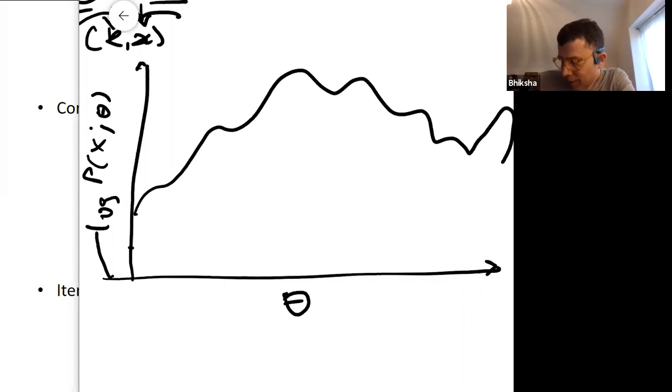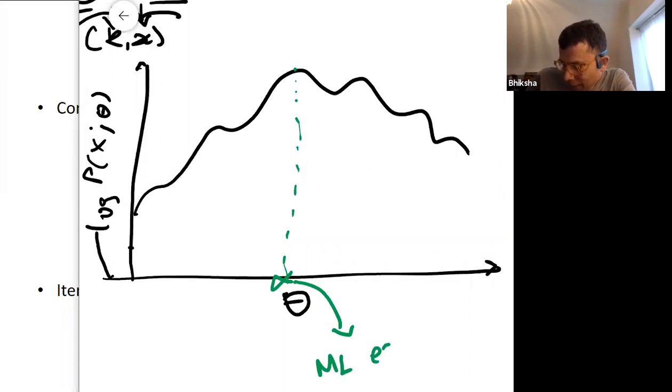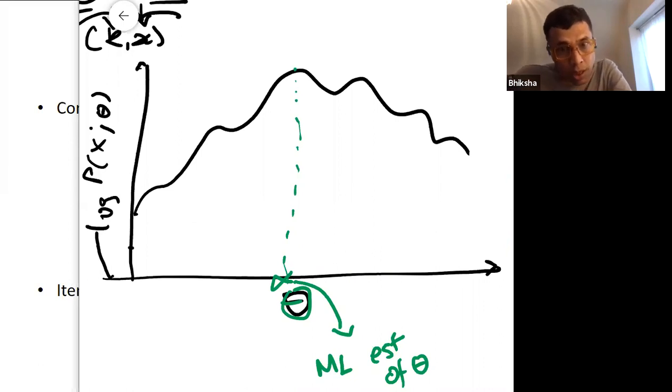And we want to find the theta which maximizes this guy. This is our maximum likelihood estimate of theta. Our problem is this function, because we have the log of a sum, this function is hideous. And so you can't really directly solve for it. So here's what we will do. We will come up with a function that's always a lower bound on this log likelihood. What do you mean by this lower bound?